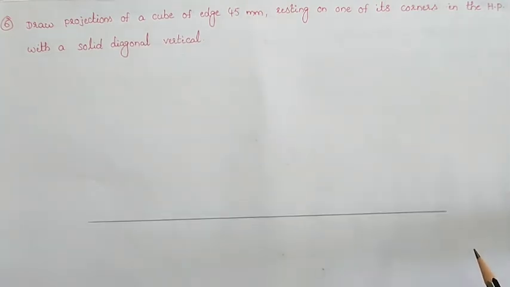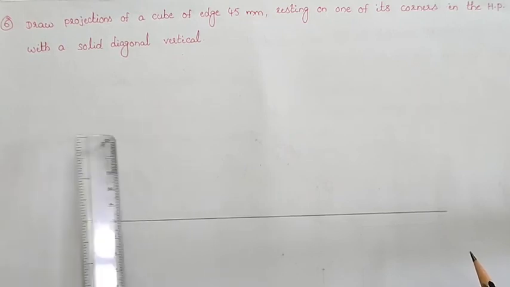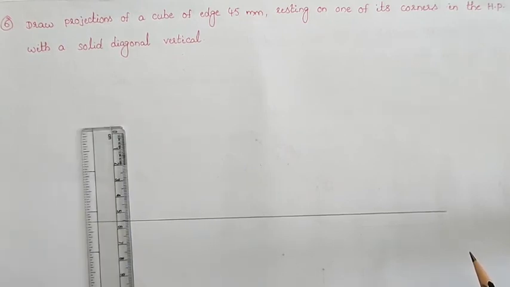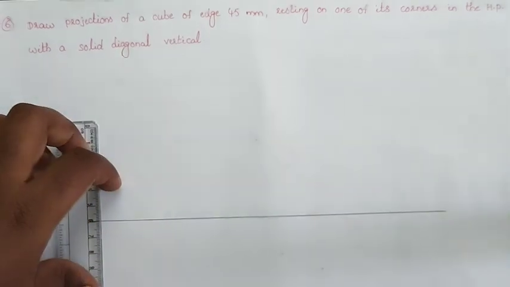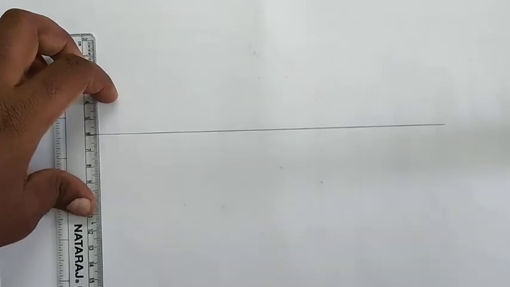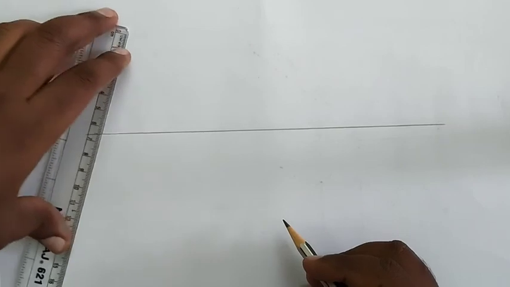Corner on the HP means we will assume the axis perpendicular to the HP and draw the top view of our diagram. Since the corner is given, we will draw the center to the corner line parallel to the reference line as the square.